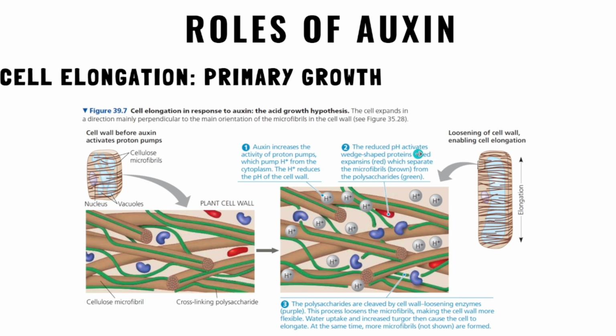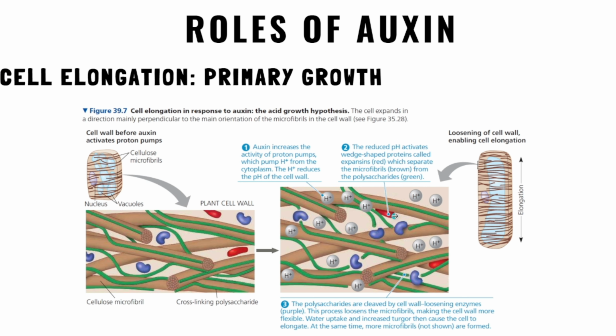This reduced pH will activate the expansin protein, which is the red color here, to separate the microfibrils from the polysaccharide. So this protein, if there is no auxin, is inactive. When auxin is present, it will activate it.